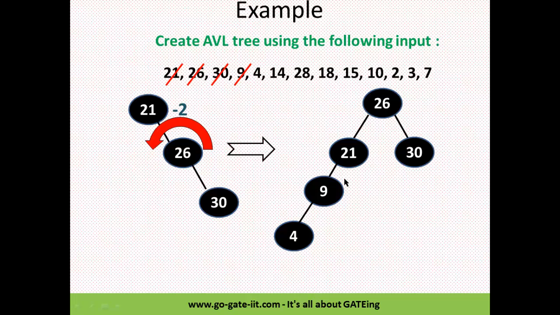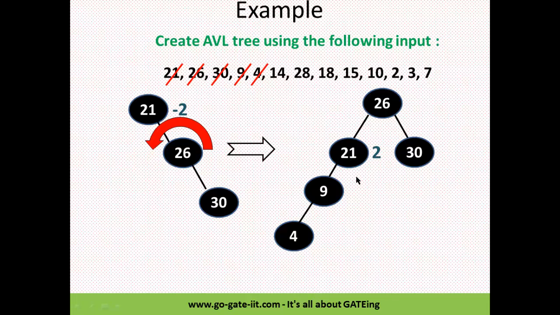Not only 26, you can see it for 21 also. Now the question arises, how? For 4 we have 0, for 9 we have 1 as the balance factor, and for 21 we have 2 minus 0. So the difference of left subtree and right subtree for 21 is 2. So this leads to violation of the AVL principle.